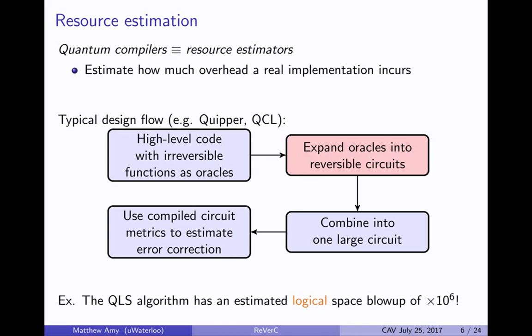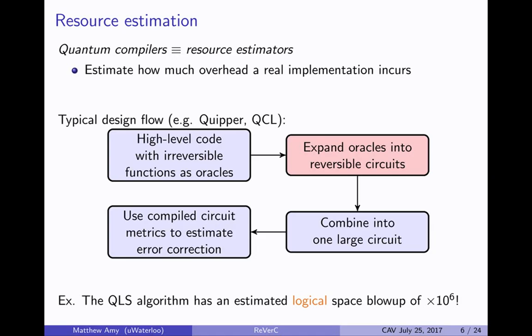So if you've heard about quantum compilers and quantum programming languages, and you've wondered why they do that because we don't actually have quantum computers, it's really for this problem of resource estimation. So we want to figure out how much overhead there actually is in a quantum algorithm, right? And that's really all quantum compilers do at the moment.